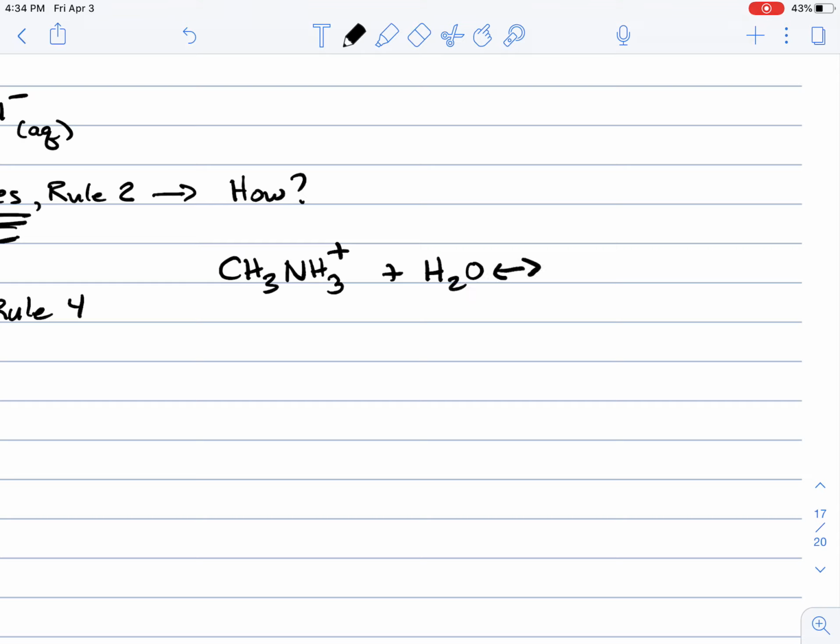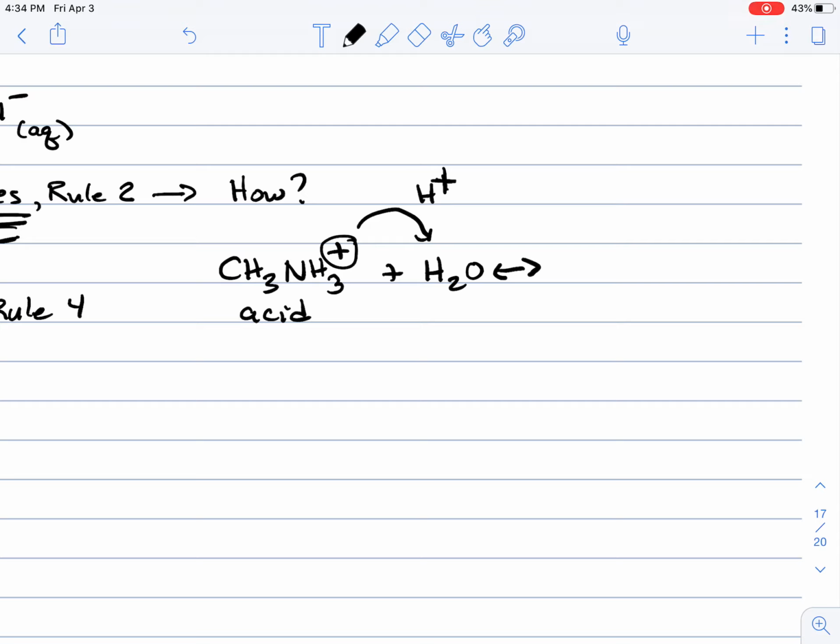Since there's a positive sign on this chemical formula, we can treat it as an acid, and it is an acid. It falls under the Bronsted definition of an acid because it has an extra proton, and it's going to transfer that proton to an acceptor, in this case water.